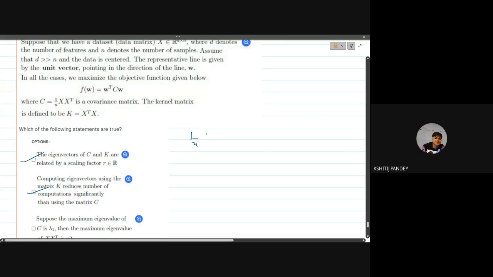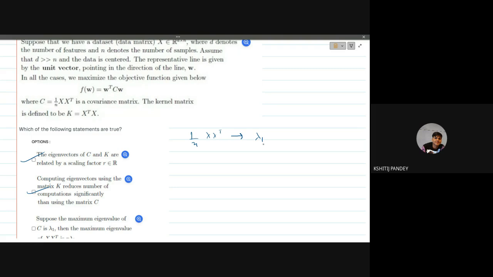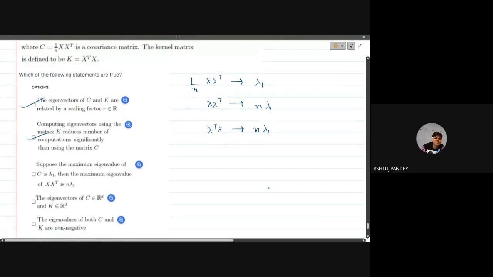It is 1 by n, X into X transpose. So for this, you have lambda 1. So now the eigenvalue for X into X transpose will be n lambda 1. And we know that the non-zero eigenvalues of X into X transpose are the same as the non-zero eigenvalues of X transpose X. So X transpose X will have n lambda 1 as an eigenvalue. So this is also correct.